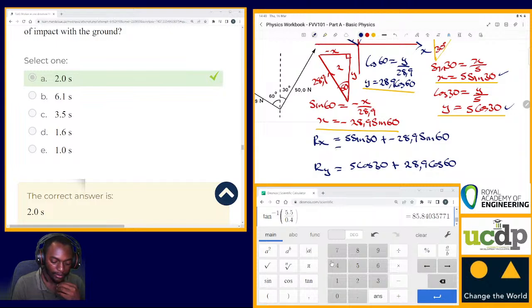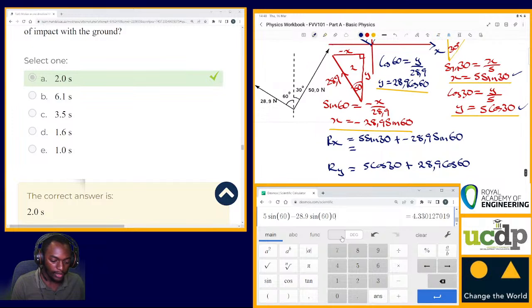Now what remains is punching 5 sine 60 minus 28.9 sine 60. We get 4.3. I hope if you punch, that's what you get as well.